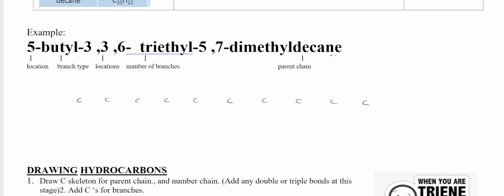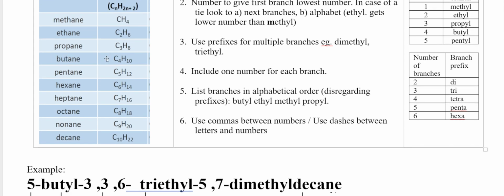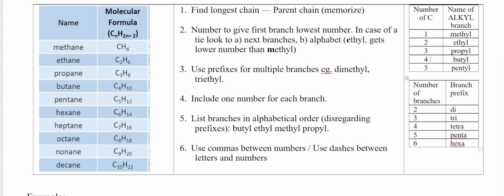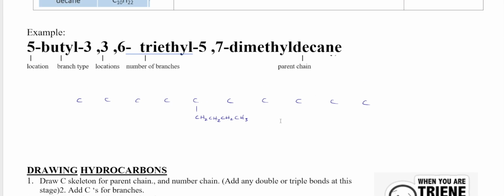Starting from the beginning, 5, so I go to the 5th carbon, 1, 2, 3, 4, 5. I have a butyl group. If you're not sure what butyl is, but is for 4 carbons. So I have a 4 carbon butyl group, so CH2, CH2, CH2, CH3. So there we go, I've got my butyl group.